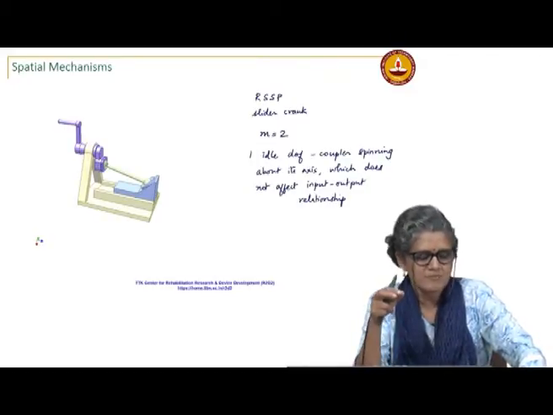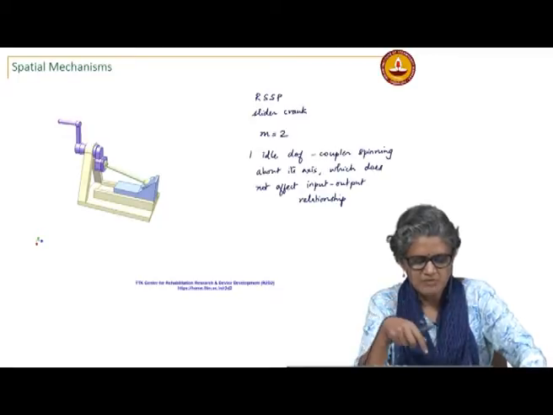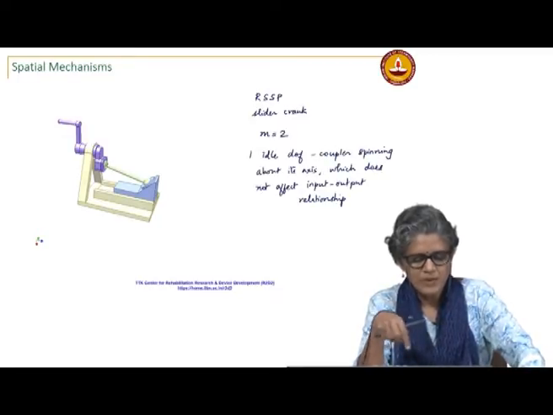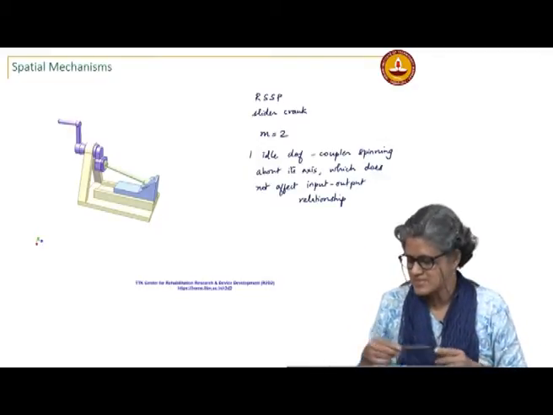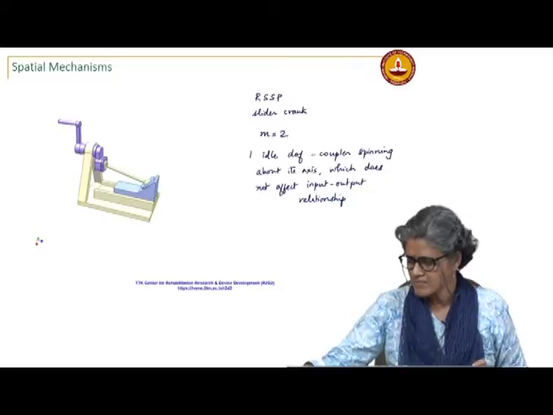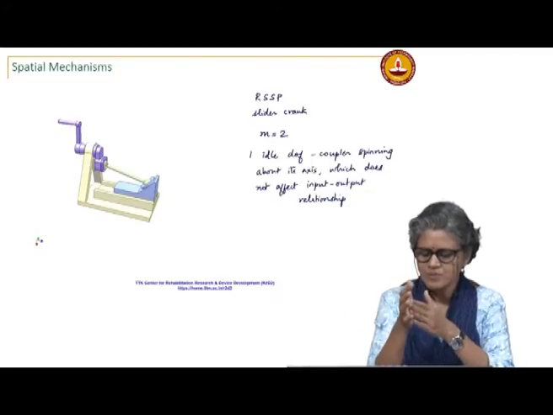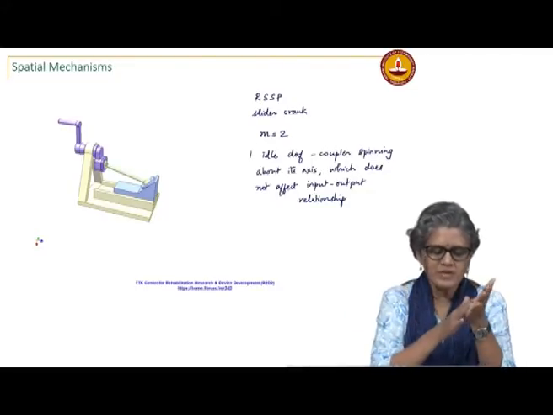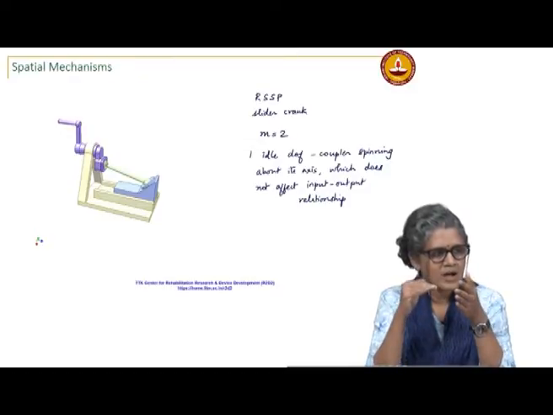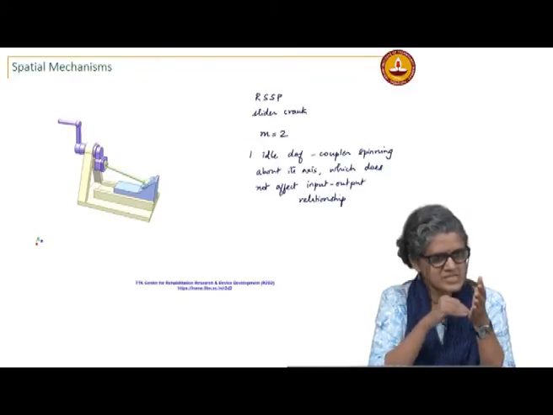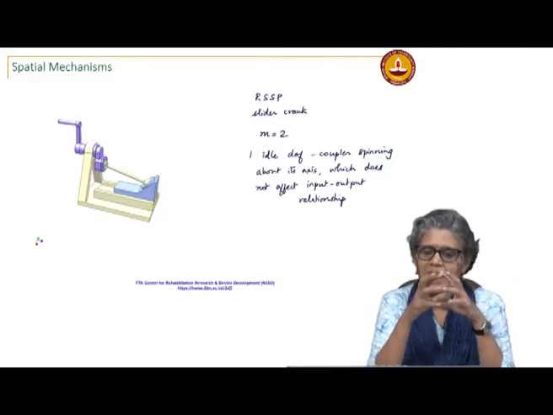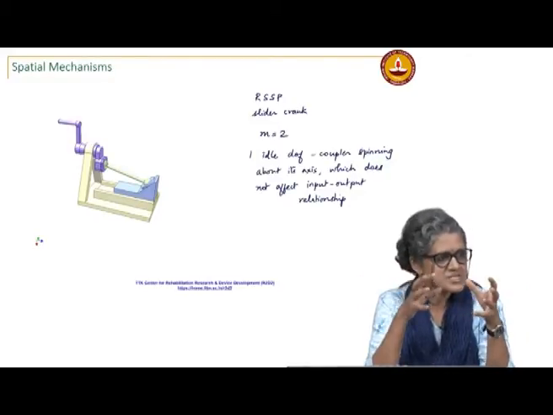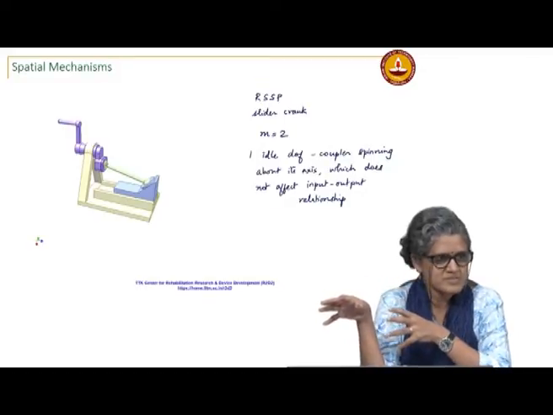Just to give you a brief preview, when you have links that are oriented in space, what you typically do is attach a coordinate frame rigidly to each link, and then you establish a relationship between those coordinate frames.